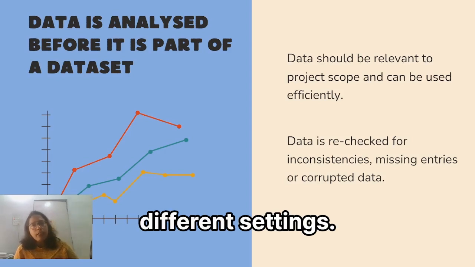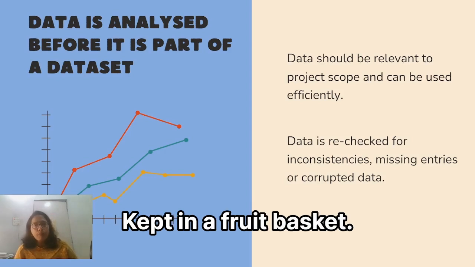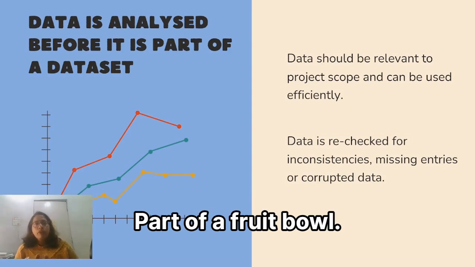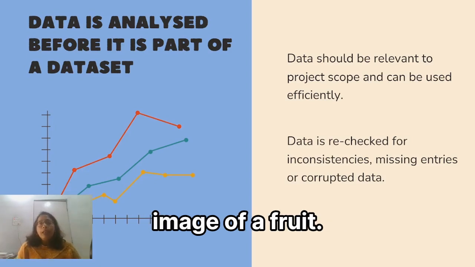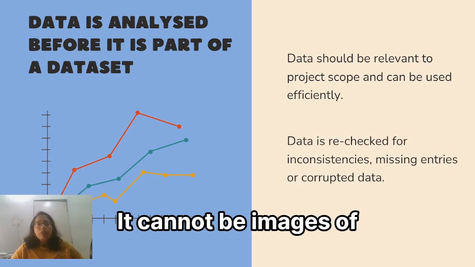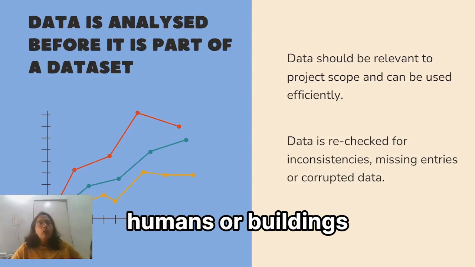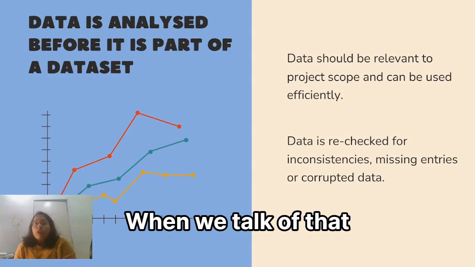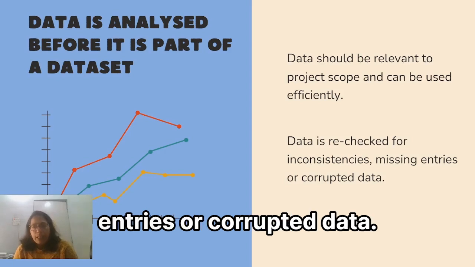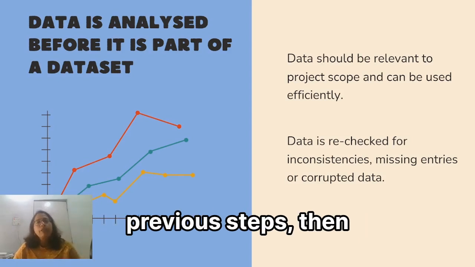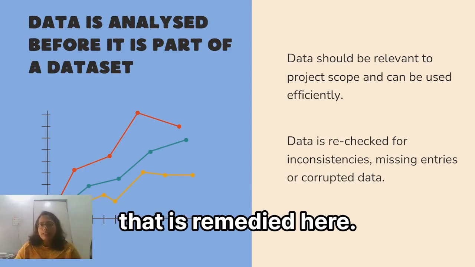Fruits can be in different settings, kept in a fruit basket, part of a fruit bowl, in the hands of someone, but it should be an image of a fruit. It cannot be images of humans or buildings or landscapes. When we talk of that final analysis, data is rechecked for inconsistencies, missing entries or corrupted data, and if something was missed in the previous steps, then that is remedied here.